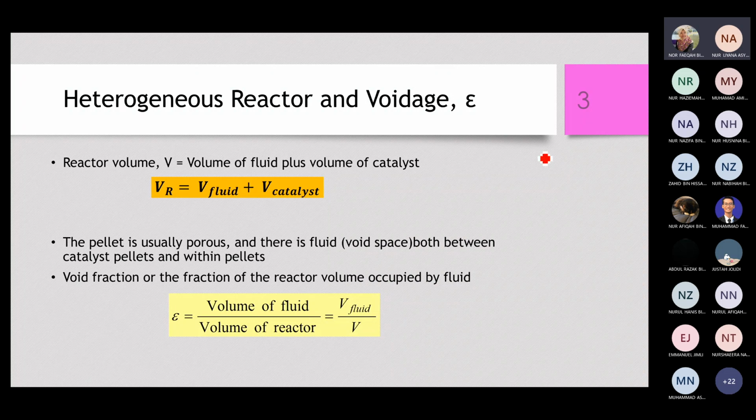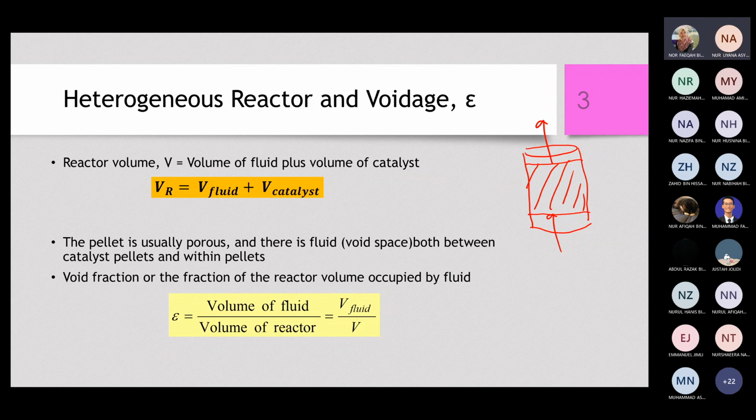So if you use a packed bed reactor, okay, let's say this is the packed bed reactor, the reactant, and then product. And inside the reactor, this is a bed of catalyst.